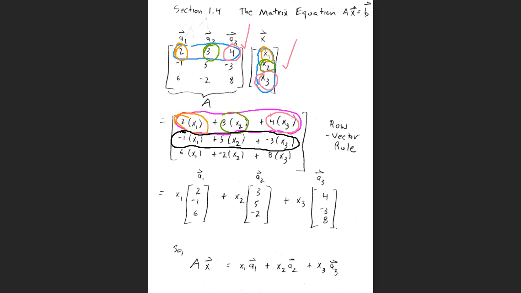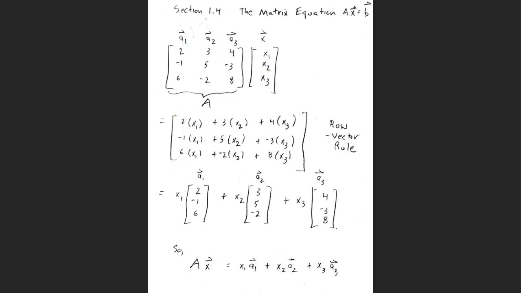Notice what you're doing is taking the second row and again multiplying it term by term on the vector x. And similarly with the third row. Are there any questions on this row vector rule, how it works?